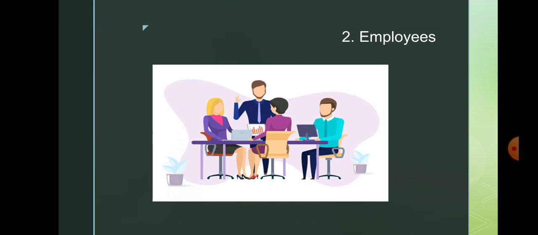Next is the employees. Now how does IFRS implementation help the employees? Financial reporting helps the employees to know about the security of their job.